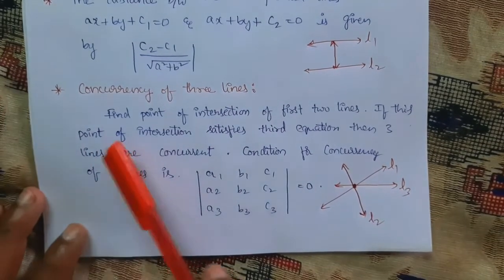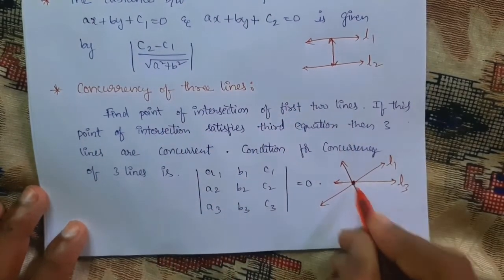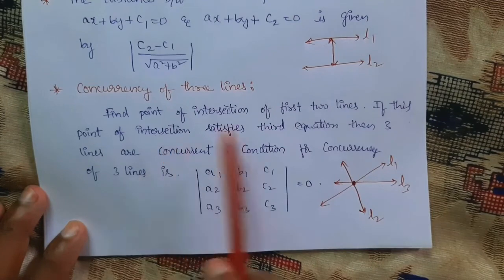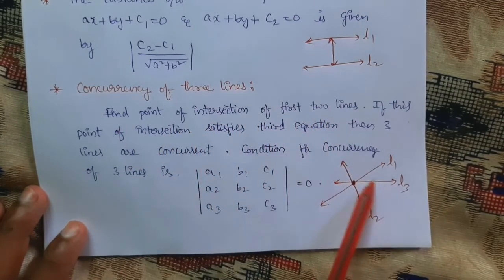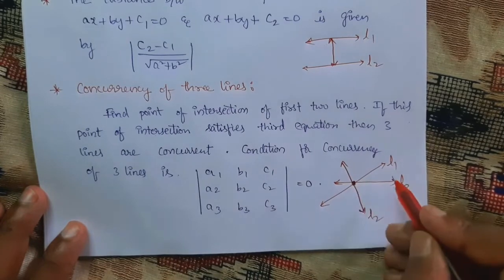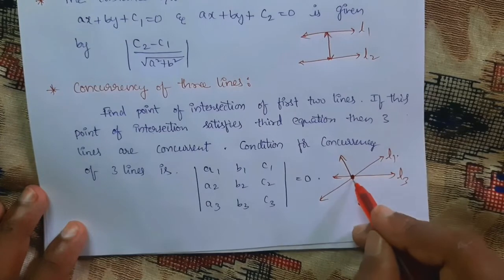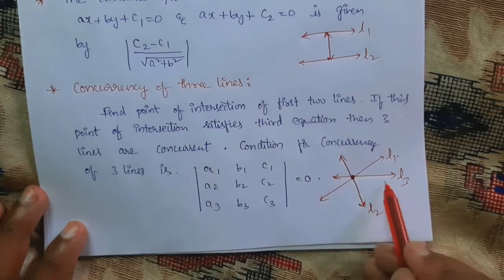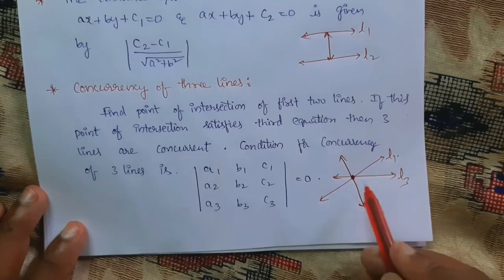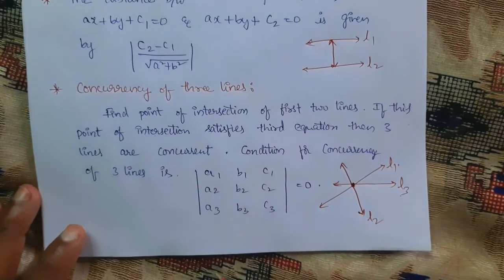To find this point, find the point of intersection of two lines. For example, let us solve L1 and L2, and then the point whatever you get, you substitute in equation 3, nothing but line L3. If it satisfies, then we will consider those three lines as concurrent.